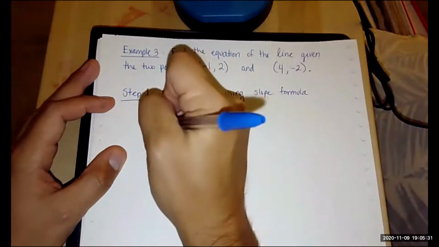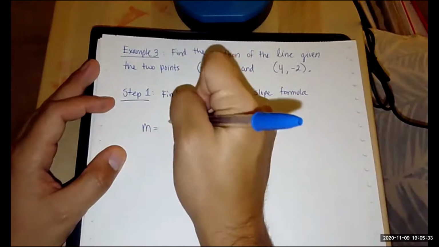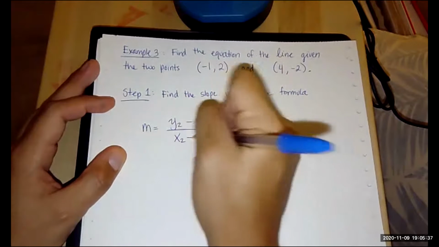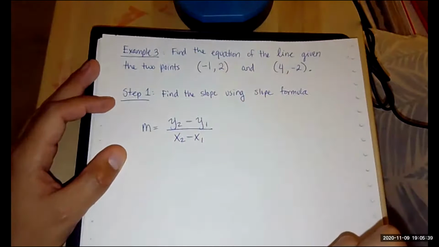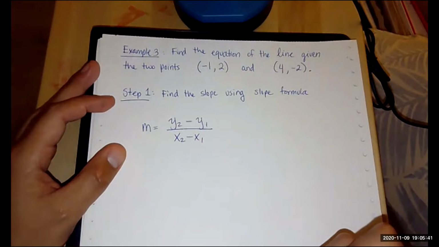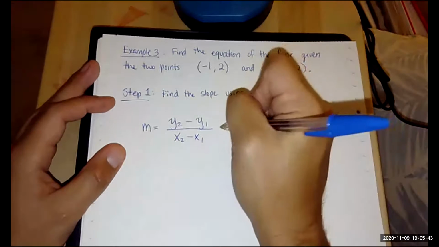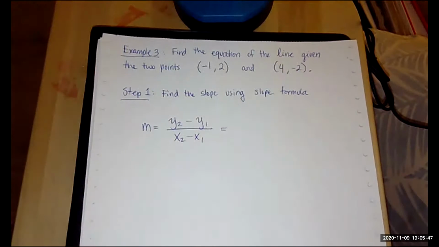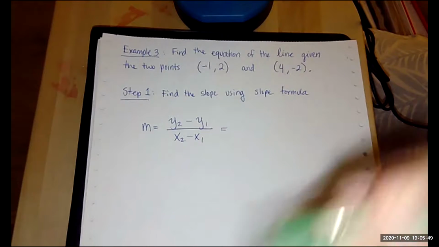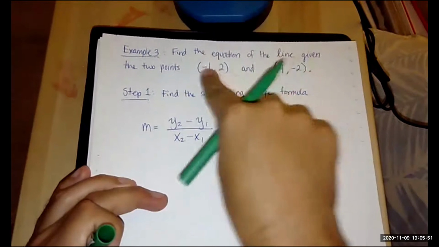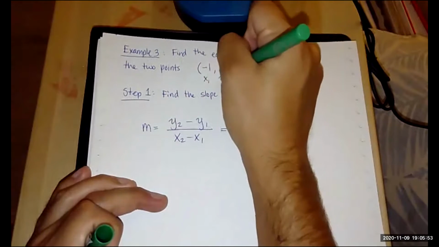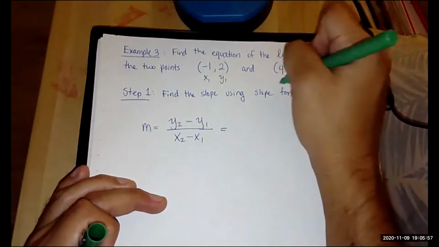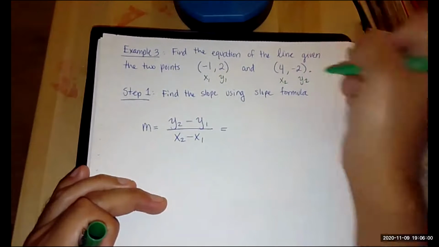Okay, so the slope formula is m is equal to y2 minus y1 over x2 minus x1. And we've used this equation a couple times already. So we should know that, go ahead and label the points that they gave you. If this is point 1, this is x1 and y1. And if this is point 2, then that'll be x2 and y2.